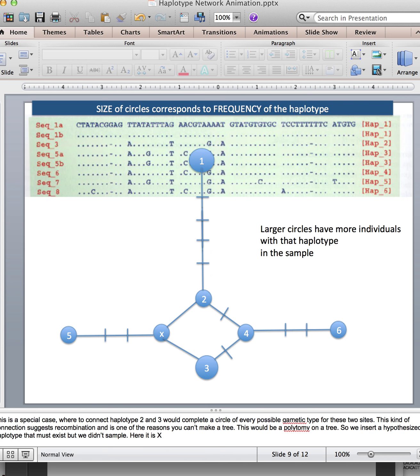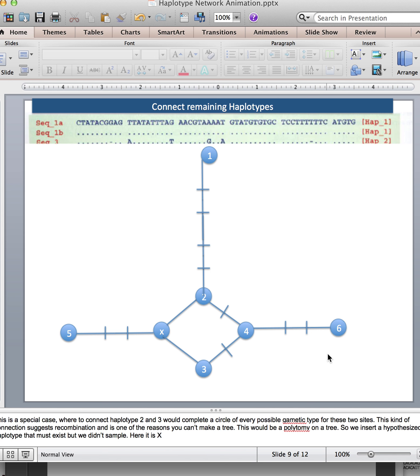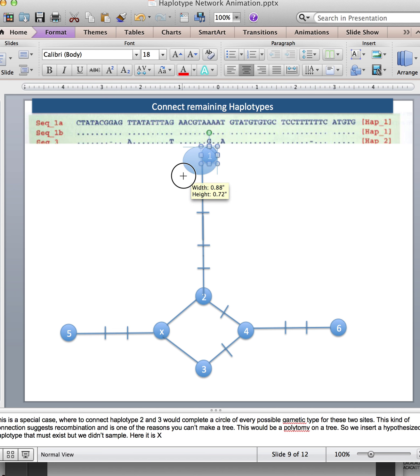Okay, so now we finished our haplotype network. All the circles are the same size, but that's not really what you're going to find in your population. You might find that it's not that you have one individual of each of these. In fact, you have 5 individuals of one, and so you need to make this circle bigger with respect to the number of individuals that have that haplotype.